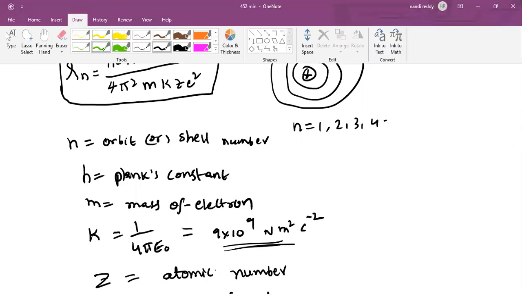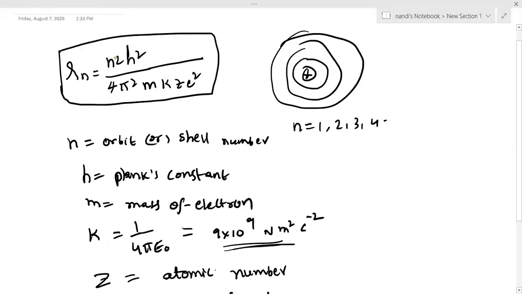I am underlining the variables. N value is variable, Z value is variable. Remaining all are constants. So I am going to substitute the H value, 4, pi value, M value, K value, E value. Then what are we going to get? Can you try it? Substitute here.